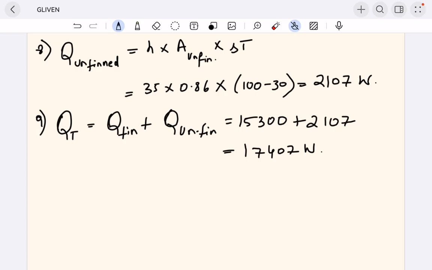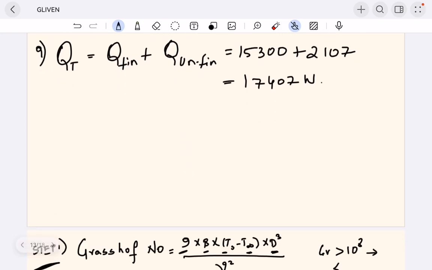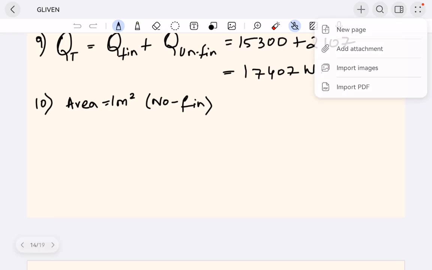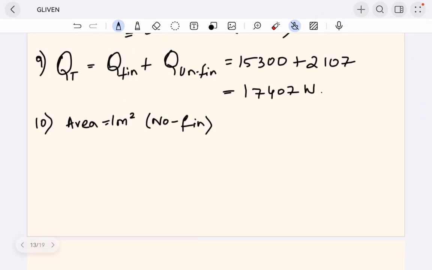Now, if I say that the 1 square meter area has no fins, then how much heat is getting transferred? So let's calculate that. Q is h times area times delta T. So h is known to me, 35, area is 1, delta T is 100 minus 30.